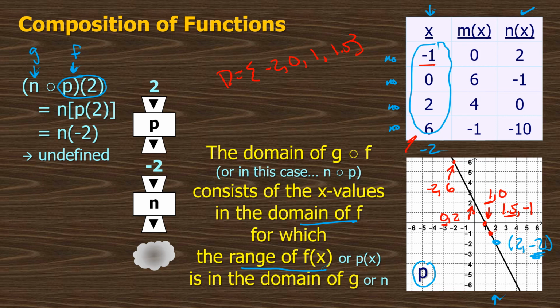So, from an analogy standpoint, you almost want to think of putting a filter on here and saying, okay, sure, all numbers can go in here, but we have to catch the numbers that are going to cause issues down here. And the only numbers that we can pass through safely are -2, 0, 1, 1.5. And that's pretty much what this whole business down here is all about. Limit your domain to numbers that work both for f, which is in this case p, or g, the numbers that come out will also work for n.